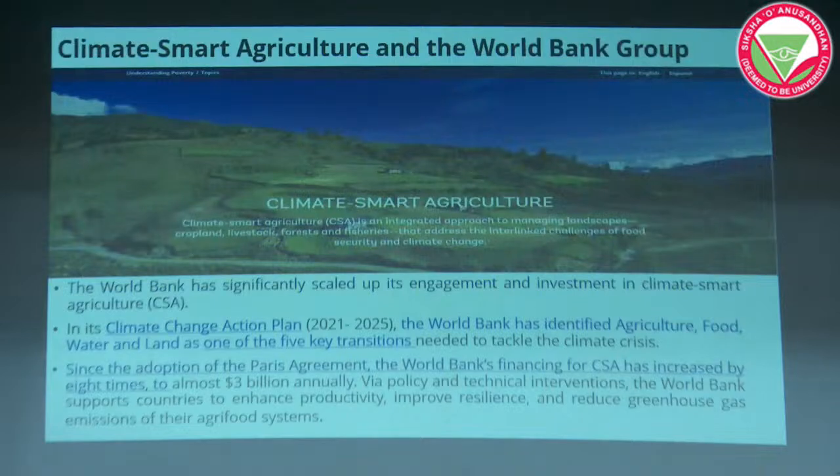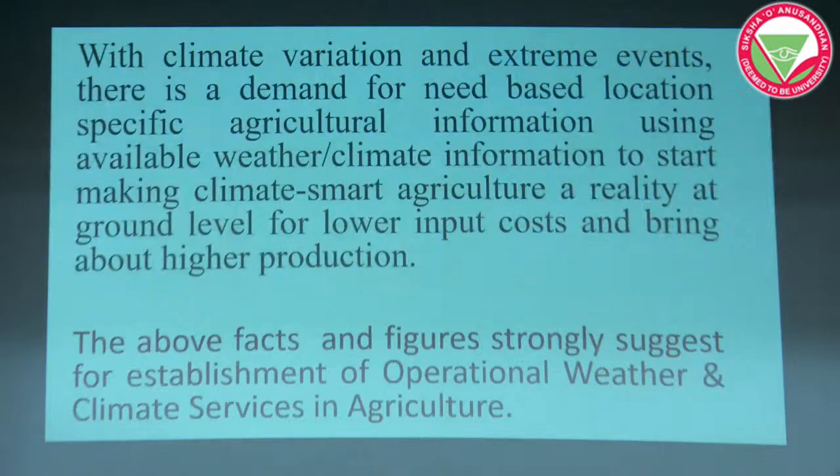The important part is that the World Bank is investing a lot of money in climate smart agriculture, and under the Paris Agreement they have increased the investment about 8 times. So if anybody is interested in working on climate smart, they can approach the World Bank to take up any kind of projects.